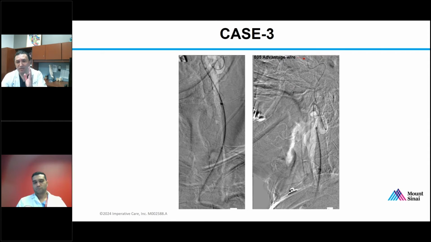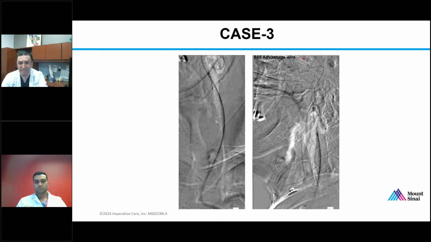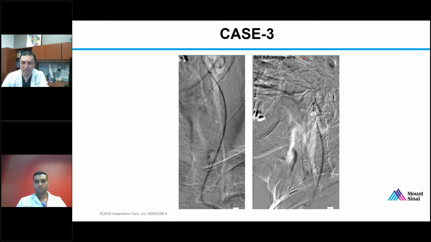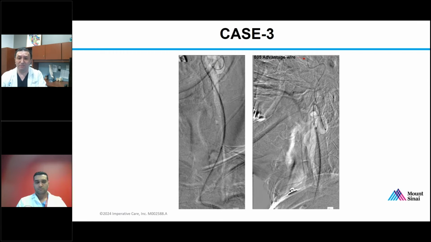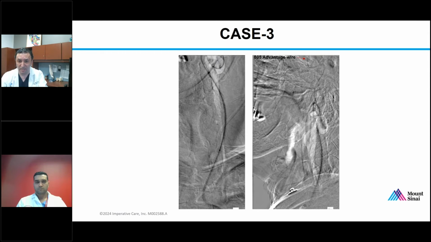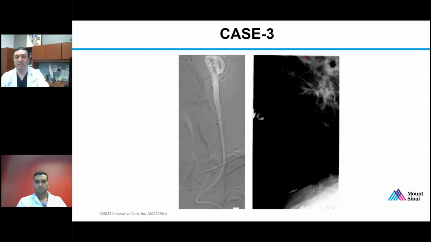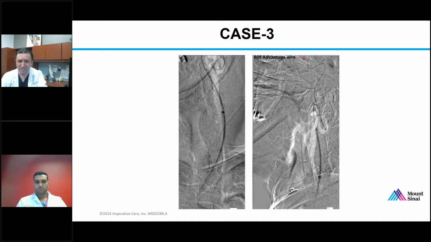And again, the first goal is to own the anatomy, take the guide catheter to the skull base. In this case, because of the nature of the anatomy, I decided to have my guide catheter first in the proximal ICA, and then I have the 035 Advantage wire inside the 71 aspiration catheter, taking the 035 to the intracranial segment of the ICA, and then driving the 71 to the cavernous segment, and then the 88 would follow that.